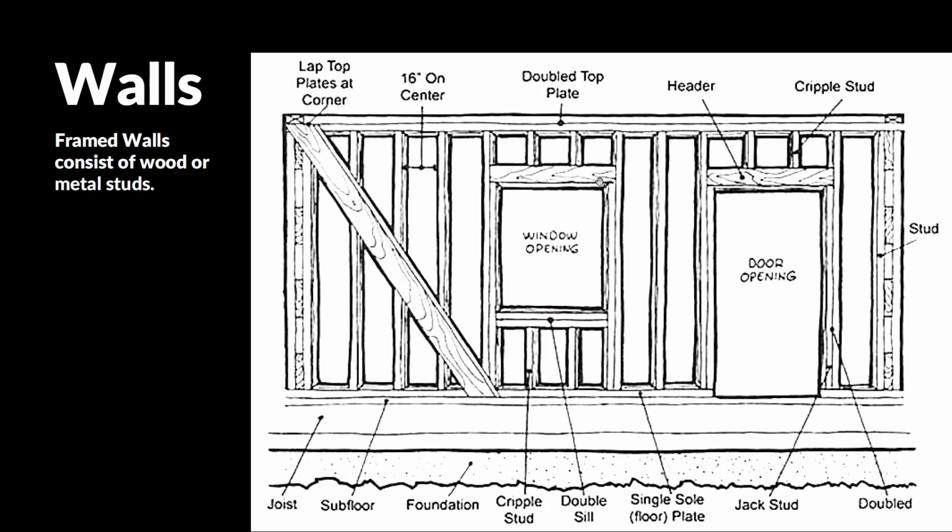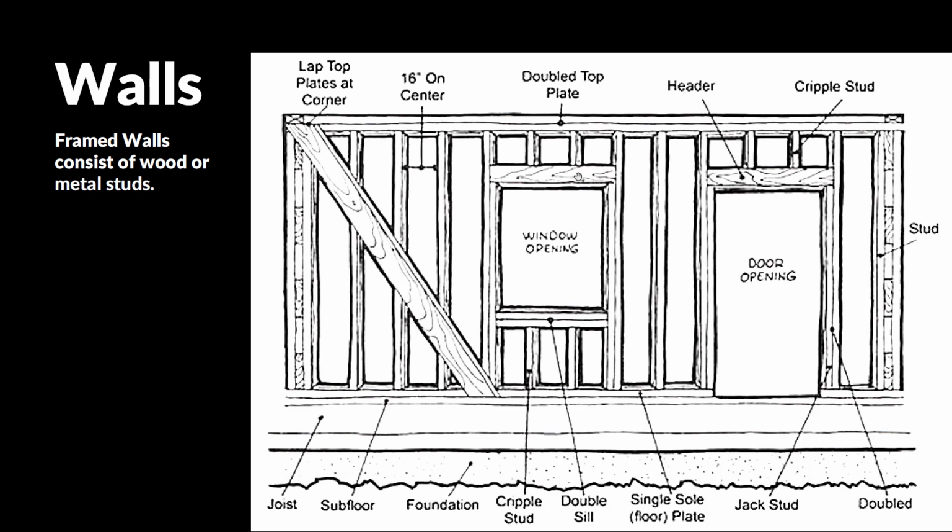If we look at the window, it's very similar to a door, but in this case, most of the time windows don't go all the way to the floor or ceiling, but they can, of course. A standard window opening will be somewhere centered in the middle of the wall. At the bottom of the window, we will have a sill, and that will be two 2x4s stacked on top of each other.